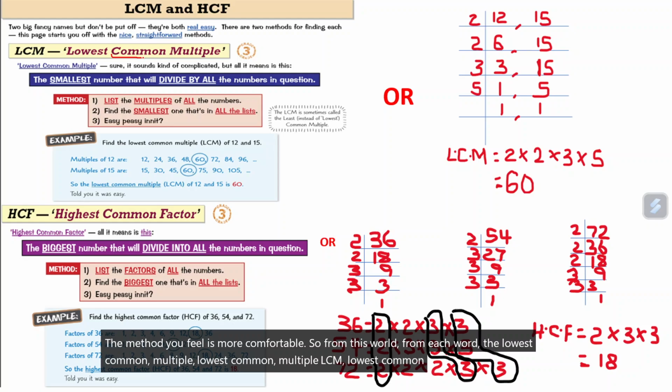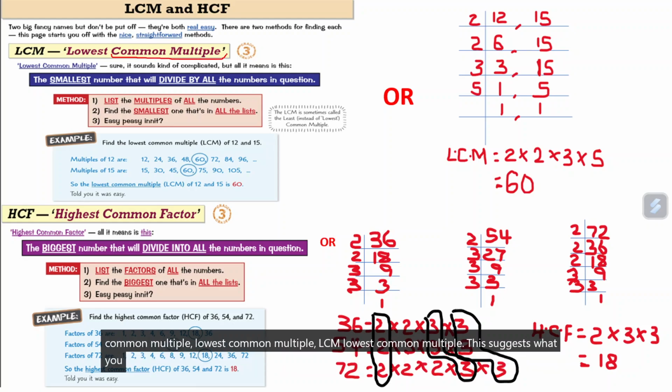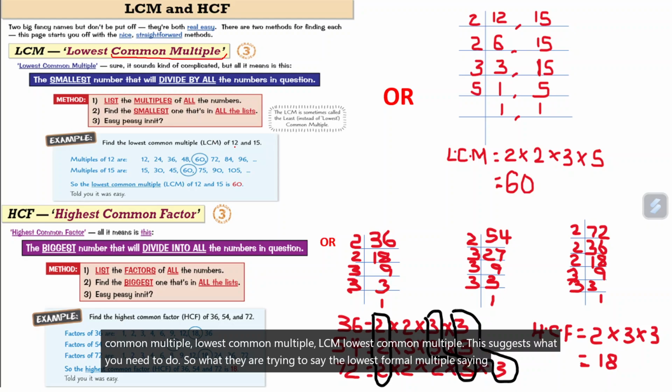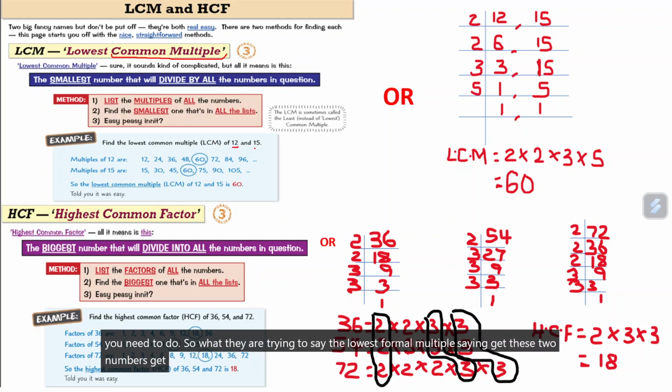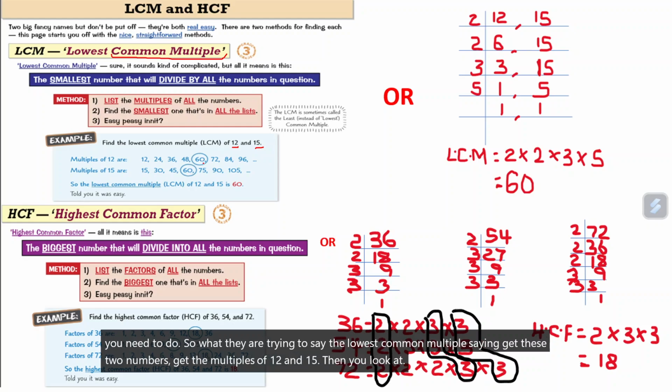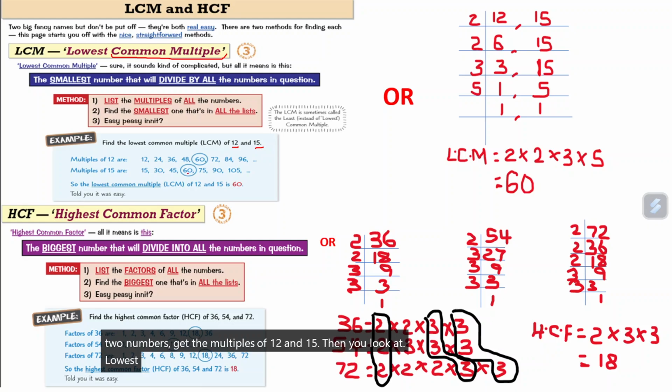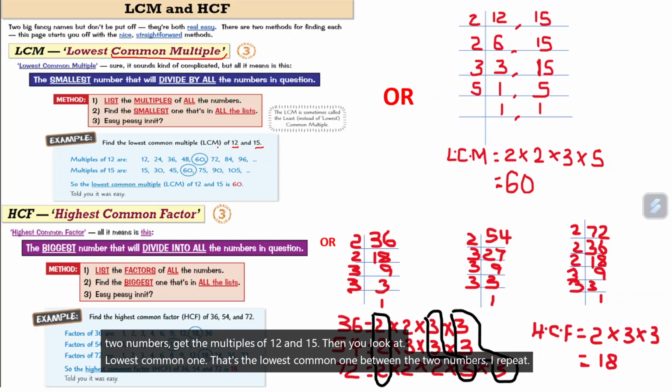This suggests what you need to do. The lowest common multiple is saying, get the multiples of 12 and 15, then look at the lowest common one between the two numbers. I repeat, the LCM of 12 and 15.